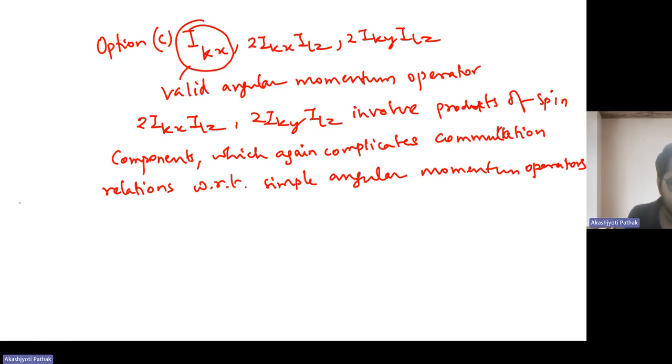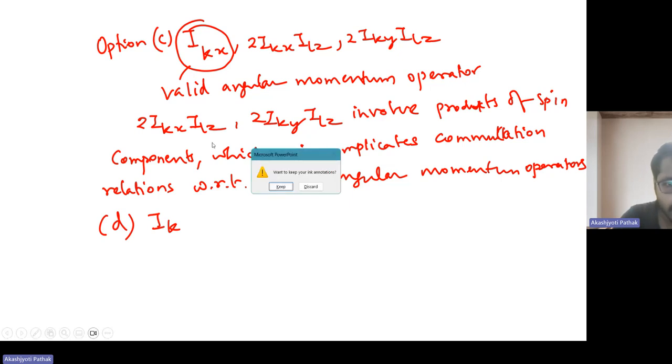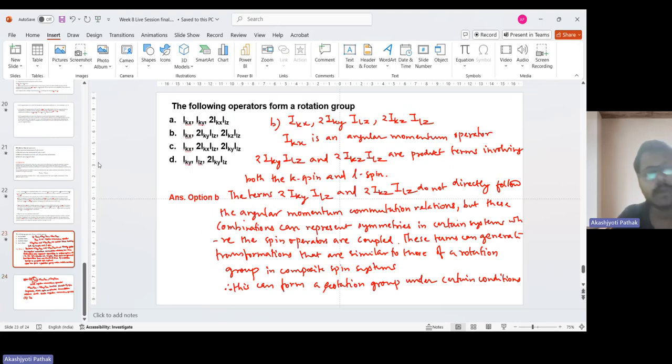In case of option D, what was option D? Let me check it once. Option D was IKY, ILZ, 2IKY ILZ.